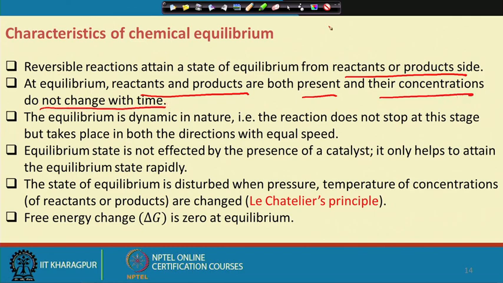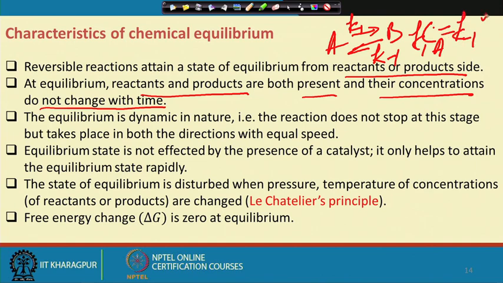So, if you look at the rate of A to B, the rate constant for the forward reaction is K1 and for the backward reaction it is K minus 1. So, I can write the rate of forward reaction is K1 into Ca, and this should be equal to K minus 1 into Cb.